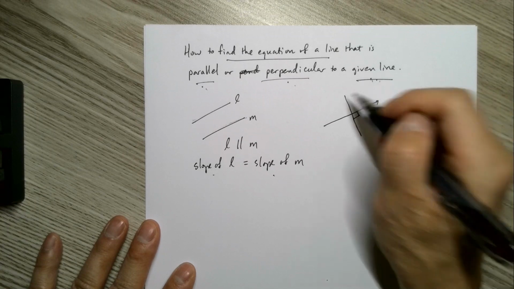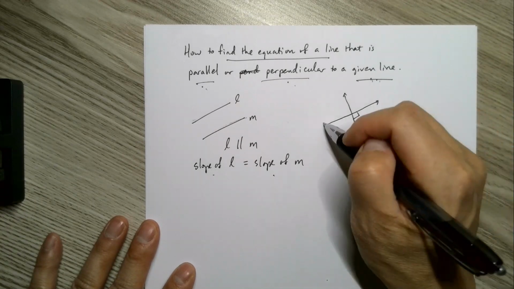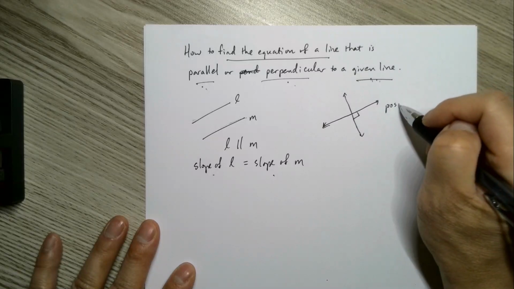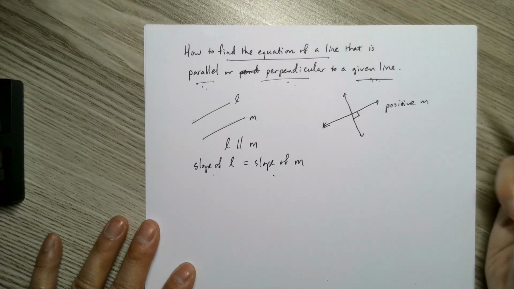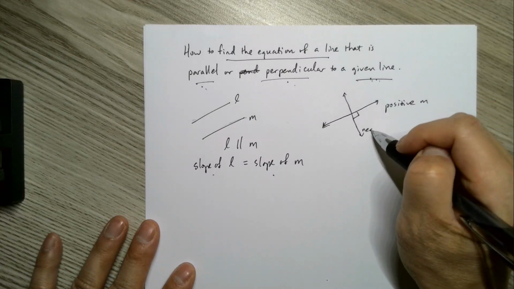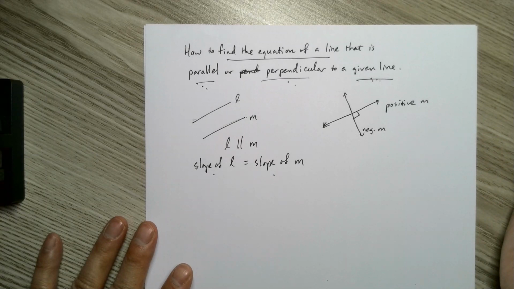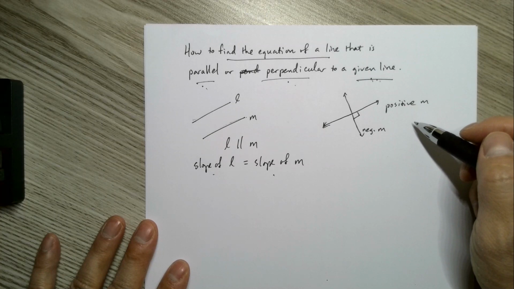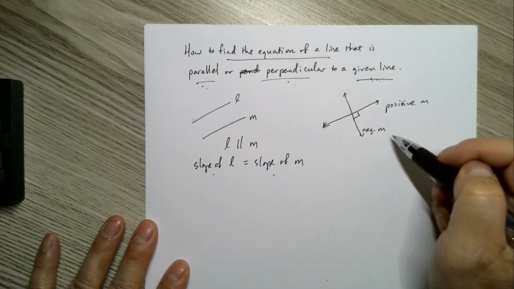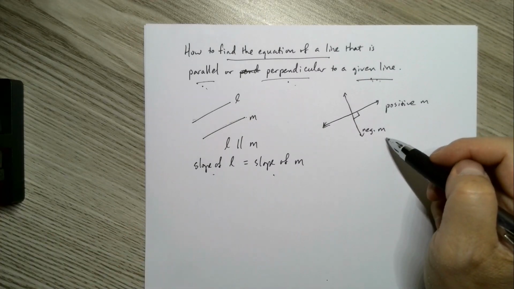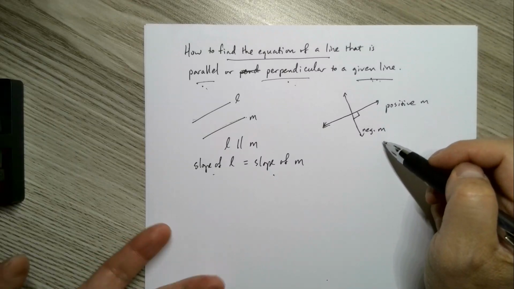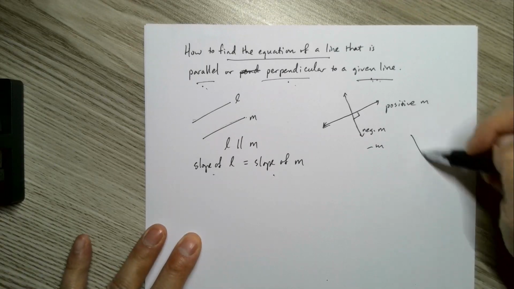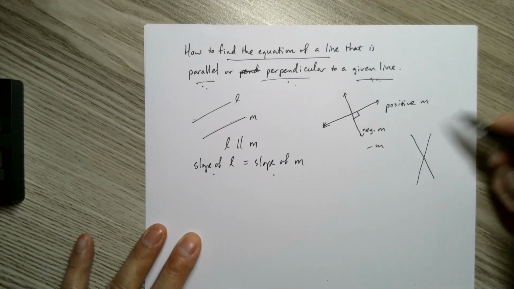First thing that you notice is that this one looks like it has a positive slope, positive M, and this one looks like it has a negative M. However, I can't say that the M for the negative line is simply negative M. It can't just be negative M, because, for example, if I take these two lines, this is a pretty steep slope.